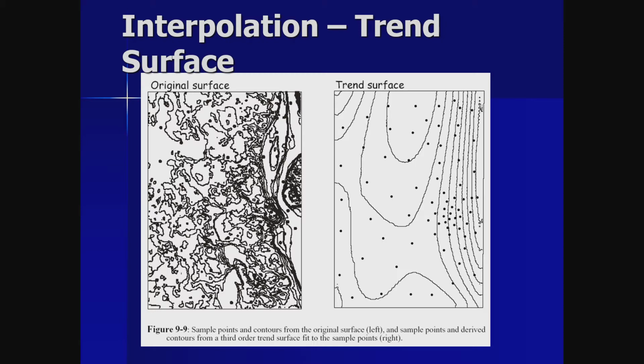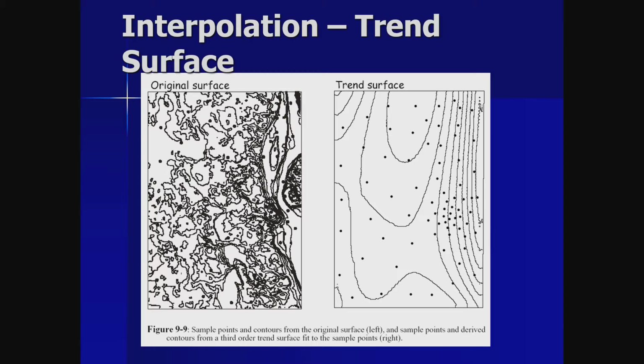Okay, so here is the realization of the trend surface. If these were our sample points, this is a third order trend surface. You can see that there's an undulation going this direction. See how it's going this direction? There's an undulation going this direction, and there's an undulation coming up from here.